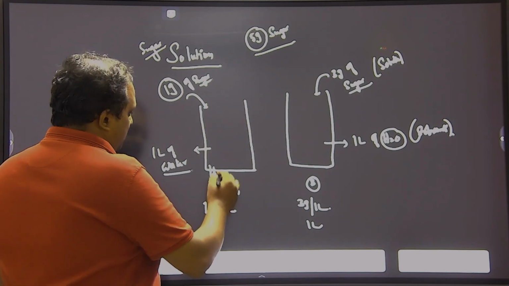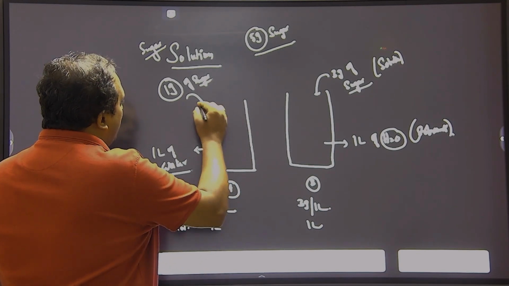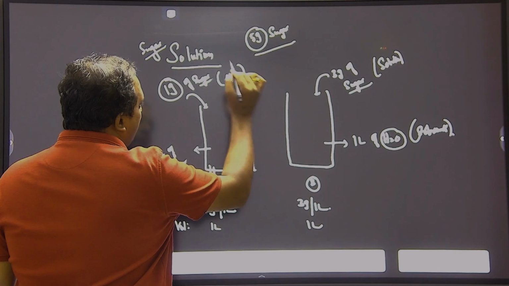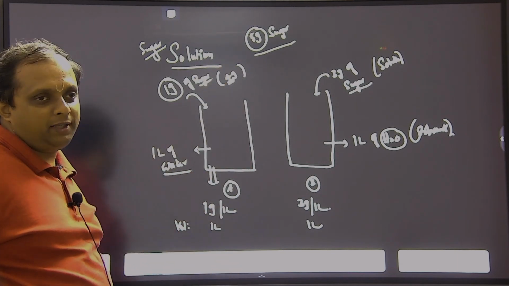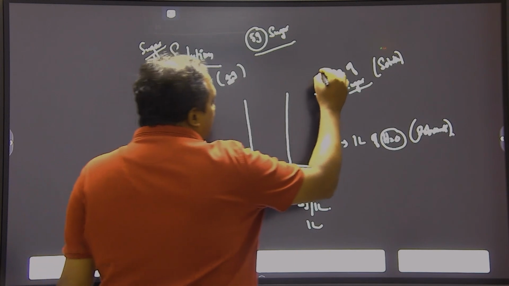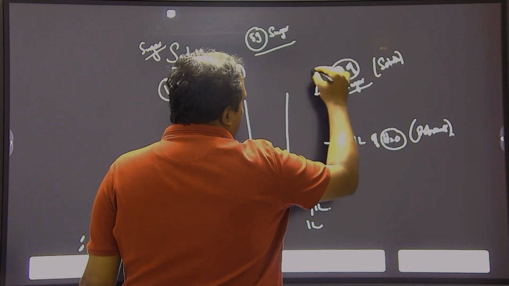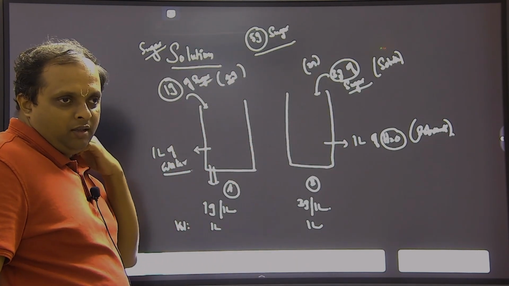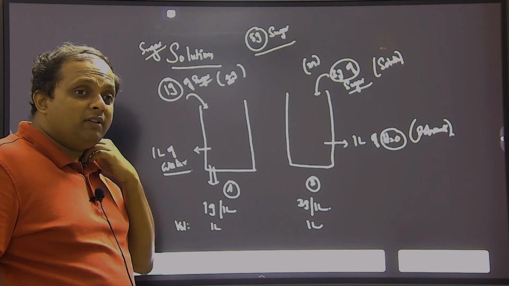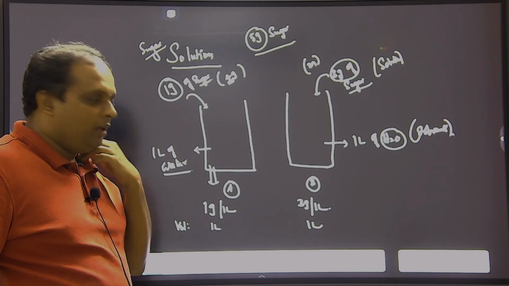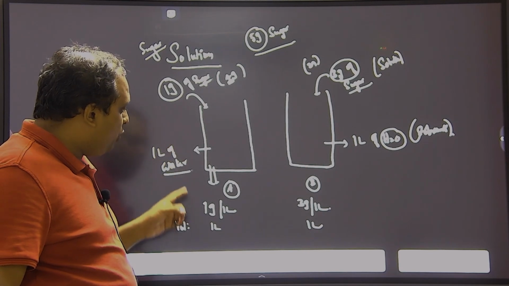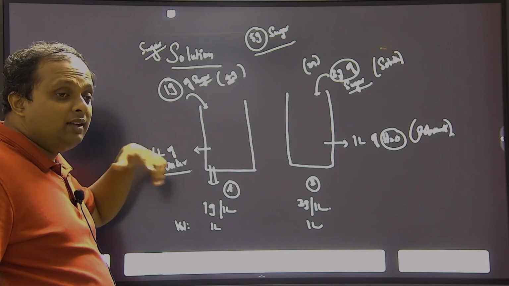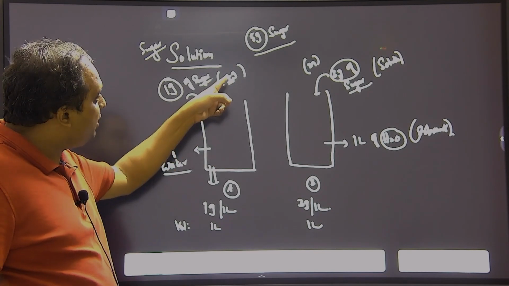So when you add 1 gram of sugar, my solvent molecules can still accommodate 4 gram of sugar to reach the maximal point. Here I have already added 3 gram of sugar, so still 2 gram of sugar alone is left. So where are more free solvent molecules available? The free solvent molecules are much more available in A, because I have added only 1 gram of sugar. My solvent molecules are still free to engage another 4 gram of sugar.